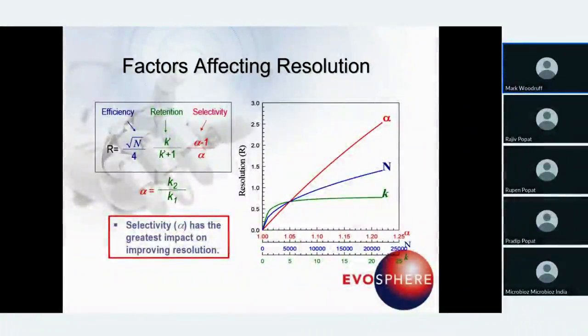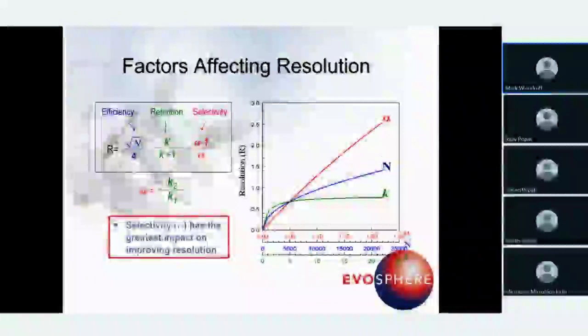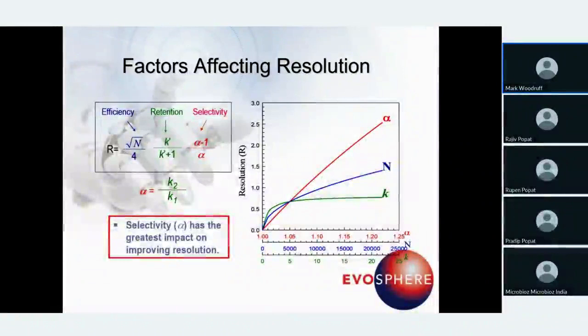We then moved down to 3 micron particles. We moved to 2.5 micron particles. We moved to 1.7 micron particles, which is generally where the technology in terms of lowest particle sizes has stopped for the time being. And you can see that efficiency, as we keep moving down in particle size, keeps increasing.